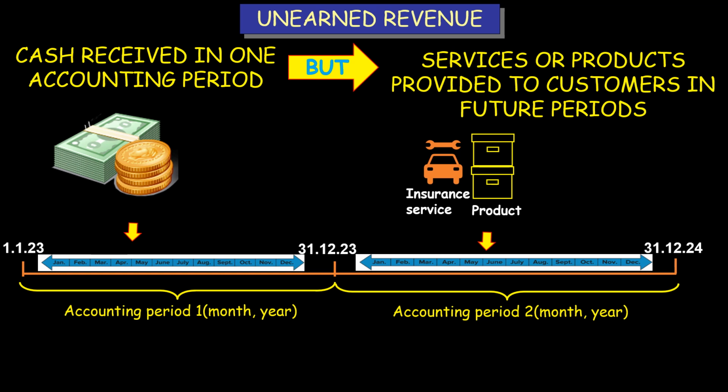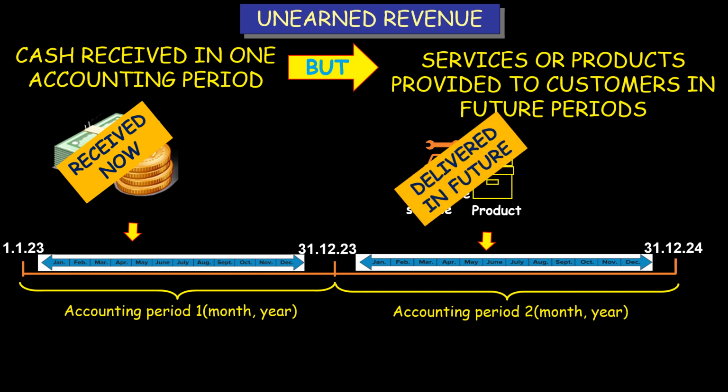So that means the cash is received now, in the current period, but products or services are delivered to the customer in the future. This is unearned revenue.